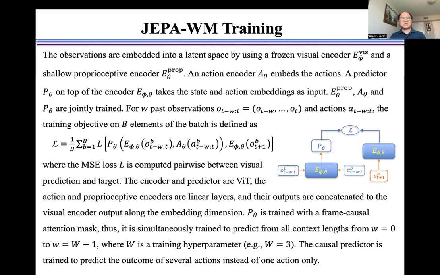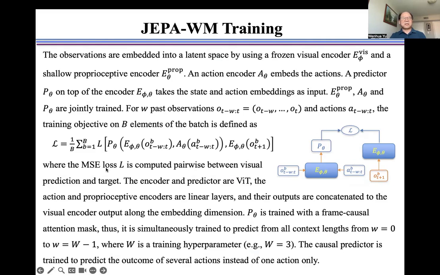E theta, A theta, and P theta are jointly trained. For W past observations, O T minus W to T, and actions A T minus W to A T, the training objective on B element of the batch is defined as here and explained in this figure.